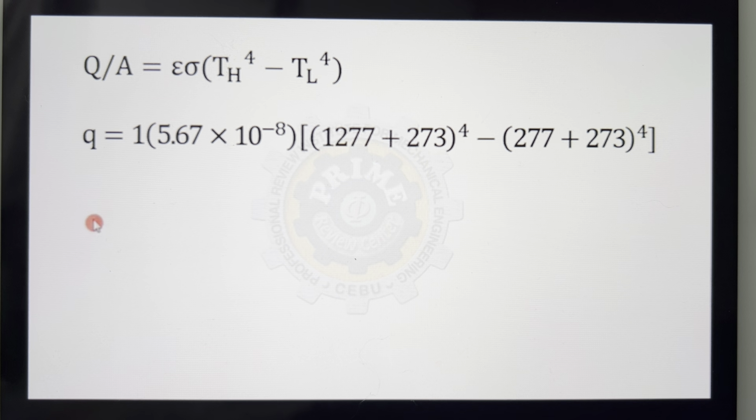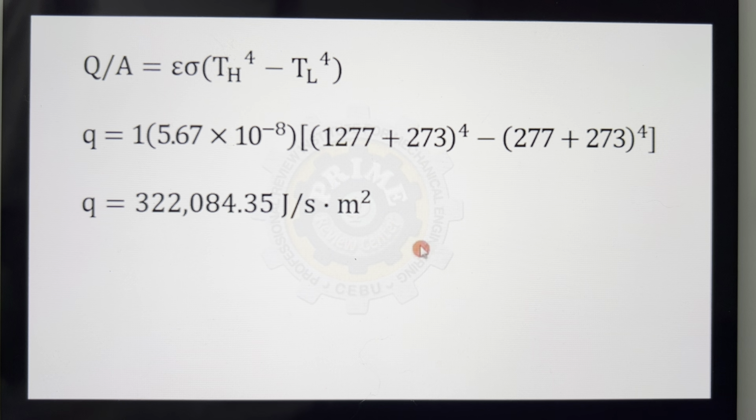Okay, so using your calculator again, masasolve natin yung value ng small q, or that is q over area. So small q is equal to 322,084.35 watts per square meter, or that is joule per second per square meter.